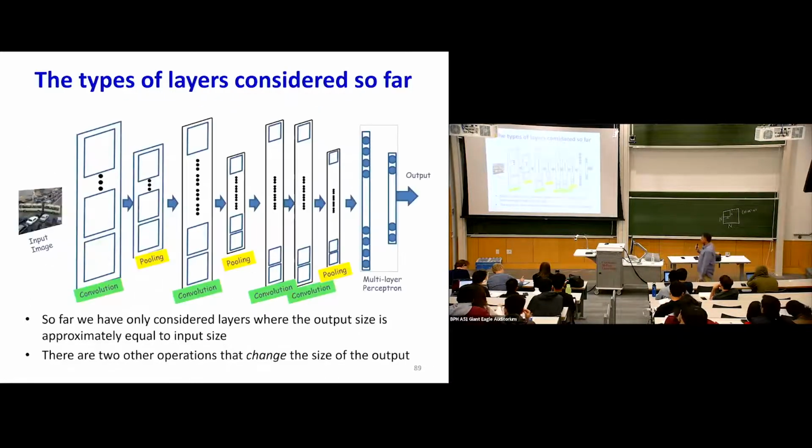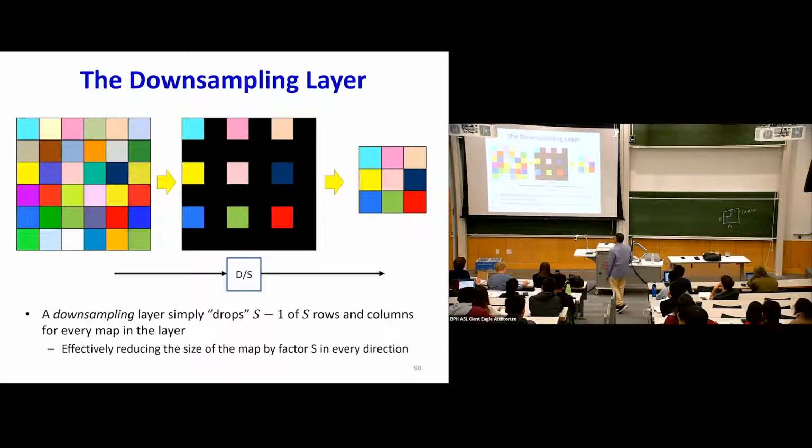So far we've only considered layers where the output size is approximately equal to the input size. And I said that we always want to assume a stride of 1 because that simplifies matters conceptually, right? Now, but there are two other operations. One is the so-called downsampling layer, where the output is explicitly smaller than the input.